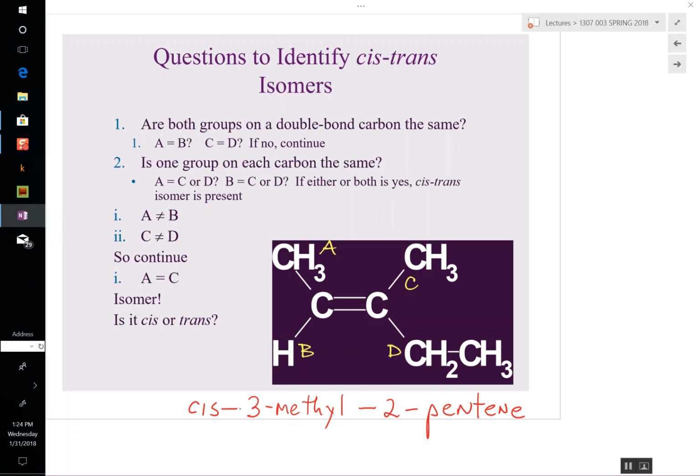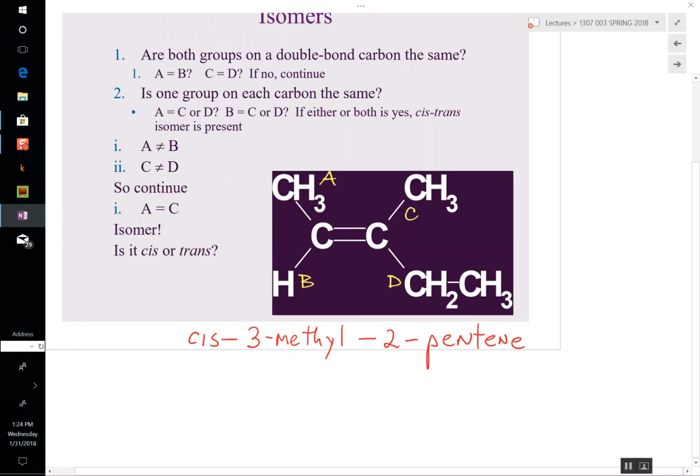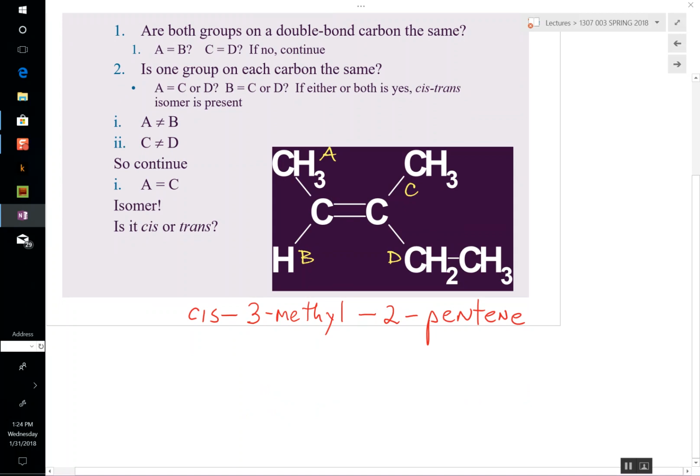So just naming it 3-methyl-2-pentene is inadequate. It's not really adequately defining that because there is also that.